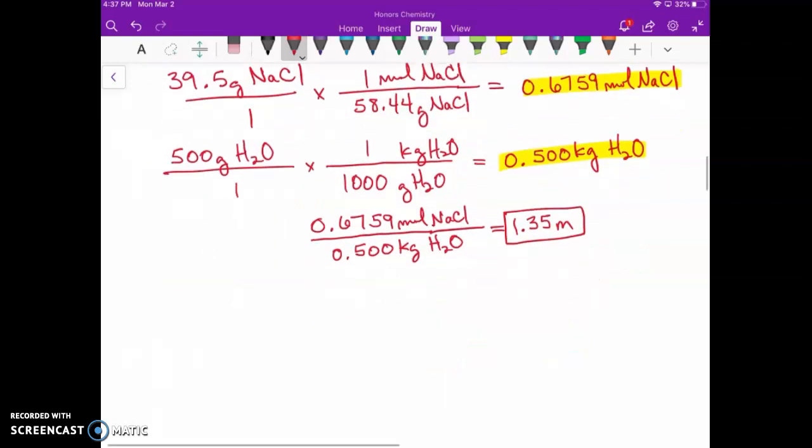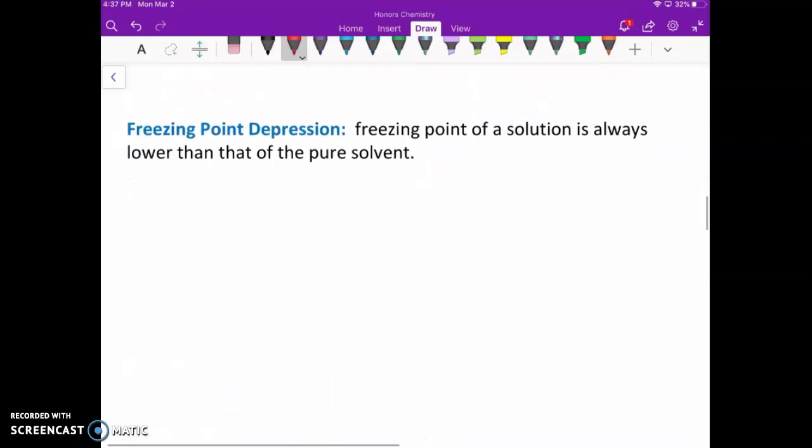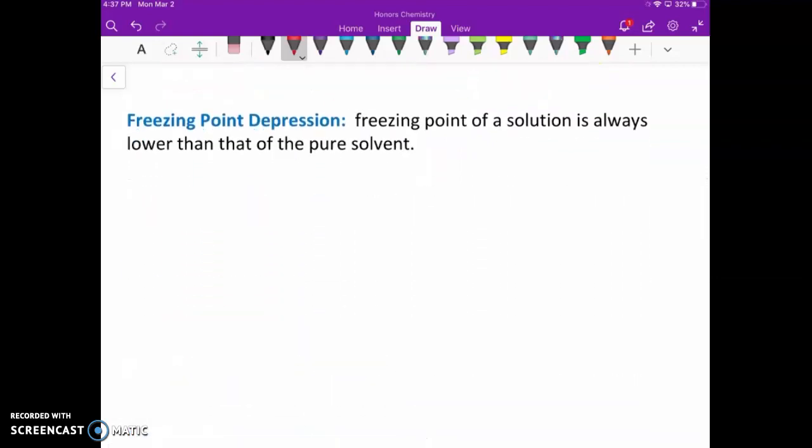So let's take a look at one of our colligative properties, freezing point depression. Essentially, the freezing point of a solution is always lower than that of the pure solvent. For example, we know water freezes at 0 degrees Celsius.